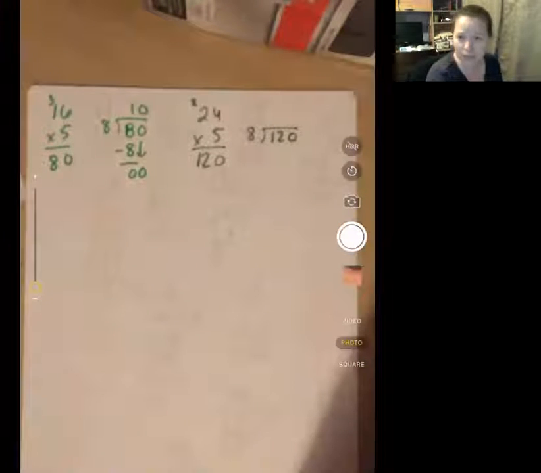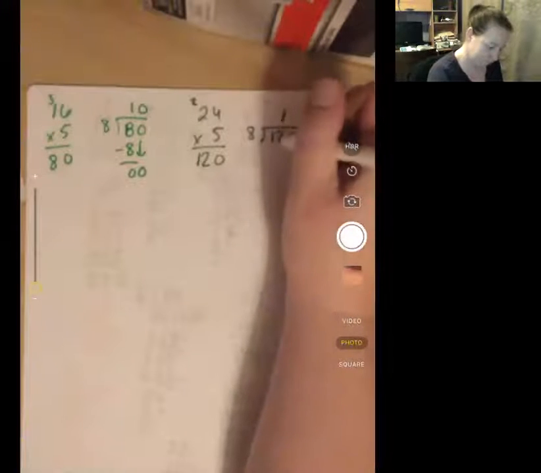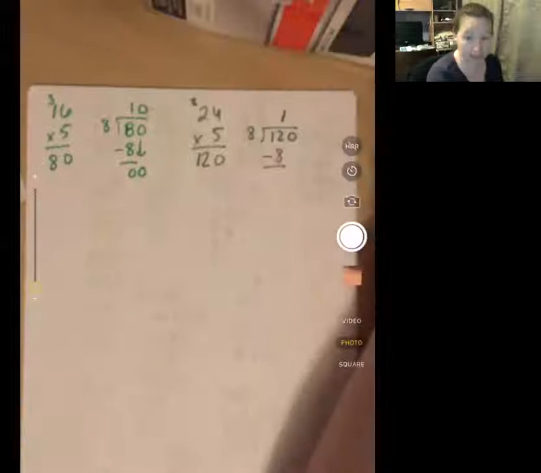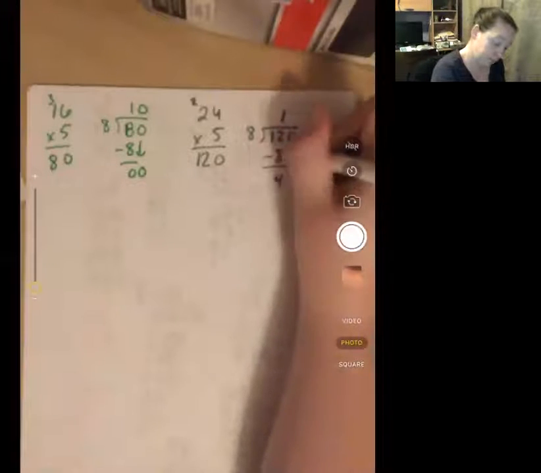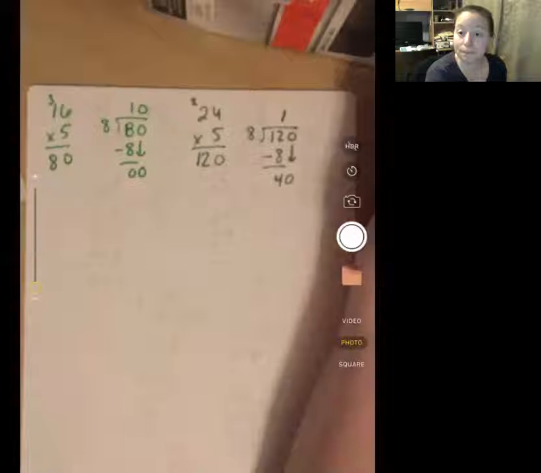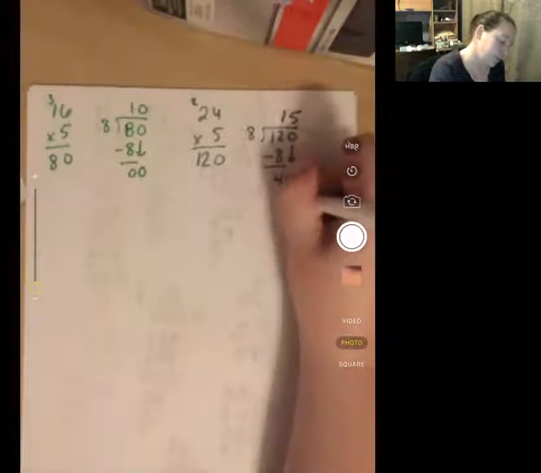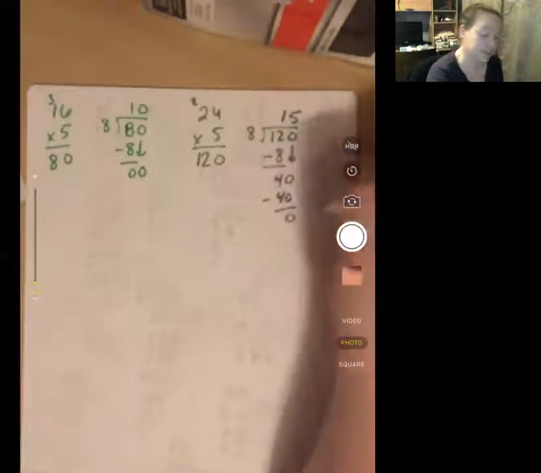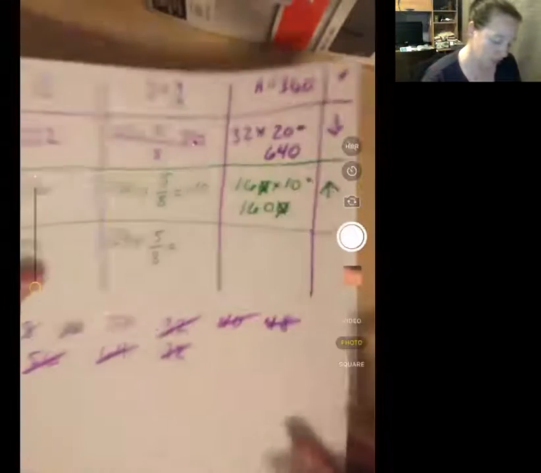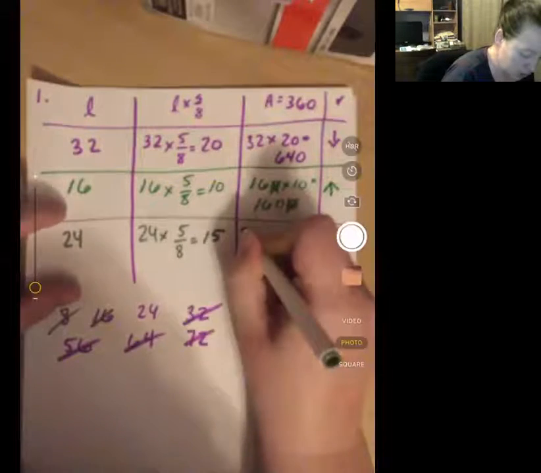How many times does 8 go into 12? 1 time. 1 times 8 is 8. 12 minus 8 is 4. Bring down the 0. How many times does 8 go into 40? 5. 8 times 5 is 40. 40 minus 40 is 0. So I ended up with that being equal to 15.